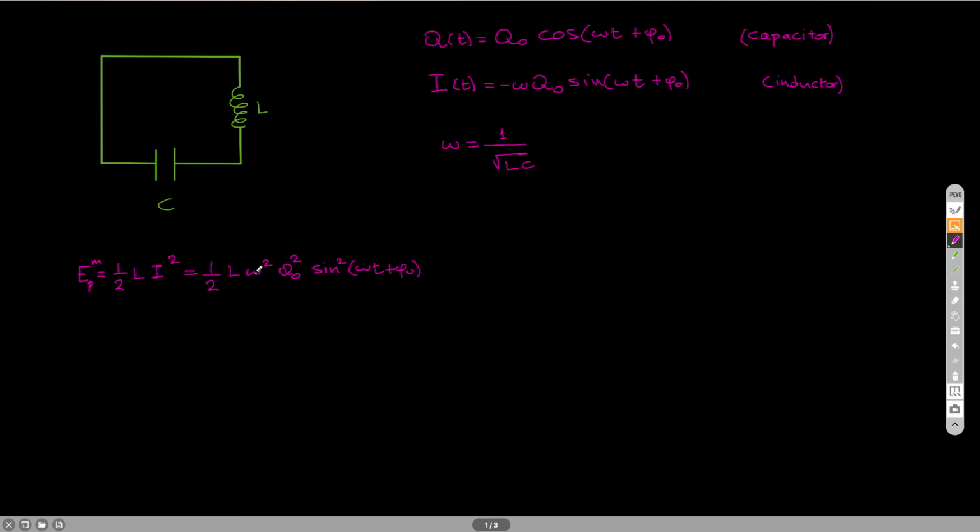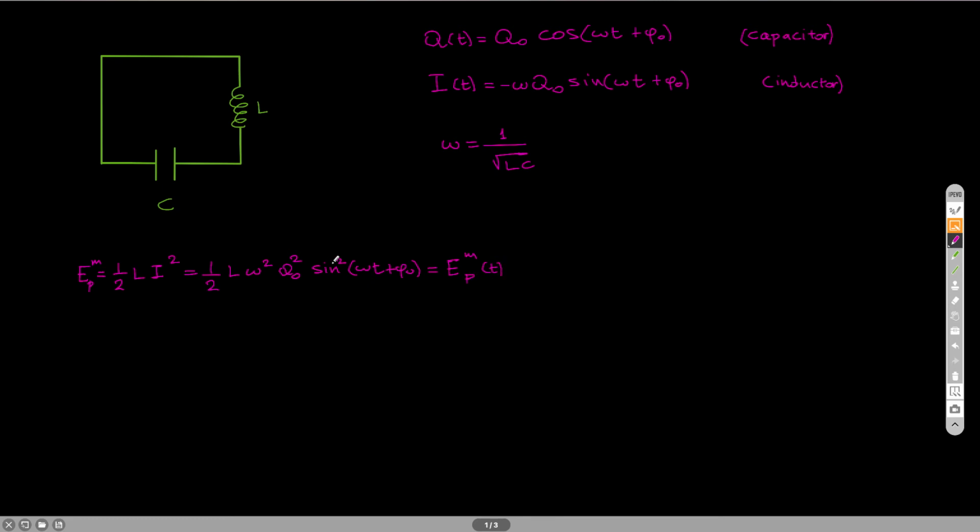Now if you see here, 1/2 is a constant, the self-inductance is a constant, omega is a constant, Q naught is a constant. So all of these are just going to be a single number at the end. But I have the sine squared of omega t plus phi naught. Now phi naught is a constant, omega is a constant, t is time. So what this expression is showing me is that the magnetic potential energy of the inductor depends on time.